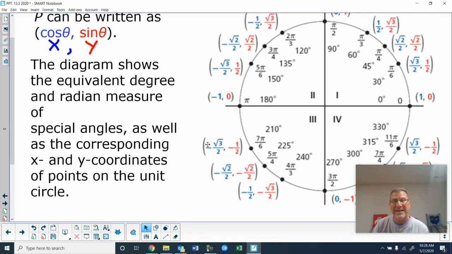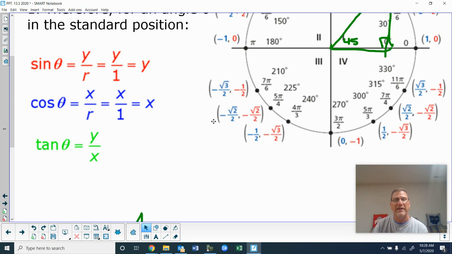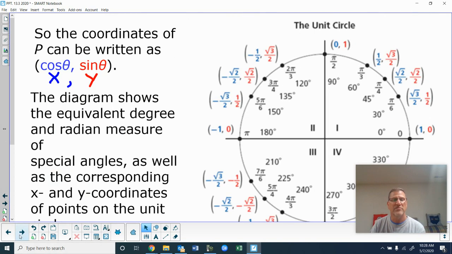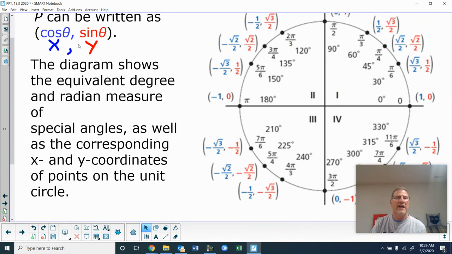All right, we're looking at tangent, right? And remember, we learned that tangent was y over x. If I drew a picture, opposite y over adjacent x. So I'm going to have to use those two numbers. It's always sine over cosine.